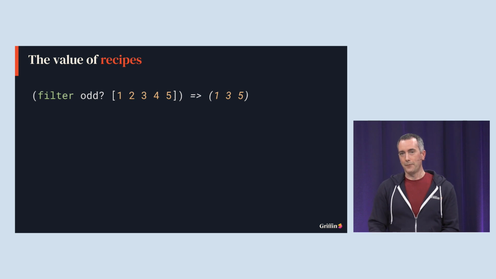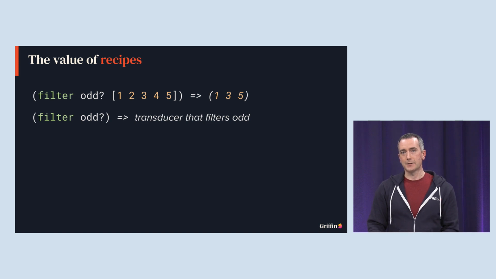So what about this is a transducer? Well, nothing yet, but if we change the arity, and instead of passing in both the collection and the function to filter, we just pass in the function, then what Clojure is building is a transducer. So it's a recipe for what you do. In this case, you're filtering odd numbers out of whatever gets passed in.